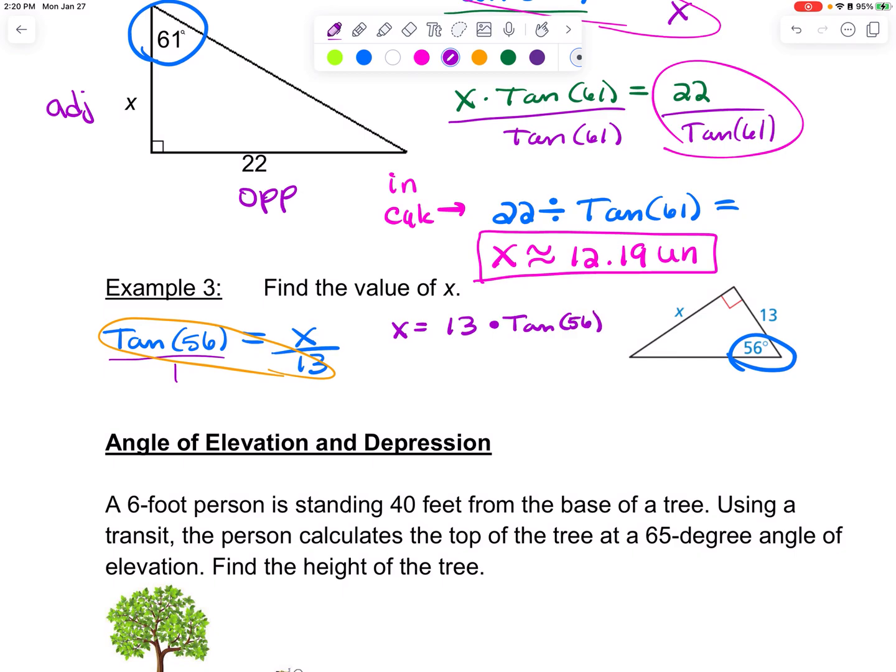So in the calculator, you literally put 13 times tan 56 and hit the equal sign. You should get approximately 19.27 units.